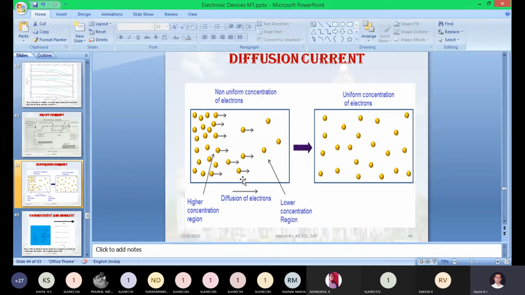The direction of the electron's movement will also change as compared to the previous movement direction.